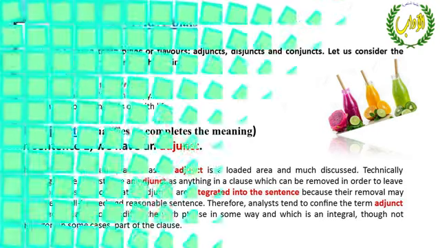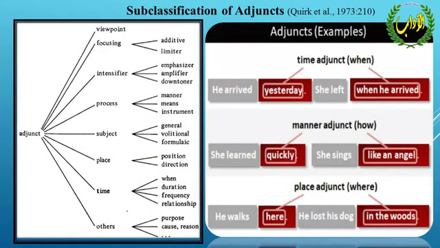For the subclassifications of adjuncts, as in Quirk et al. 1973, page 210, we have the following subclassification. Adjuncts are usually classified into viewpoint, focusing.